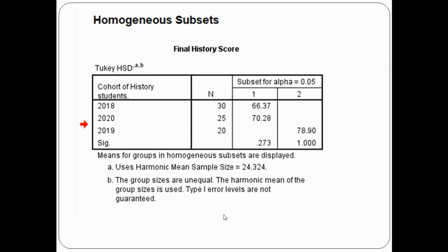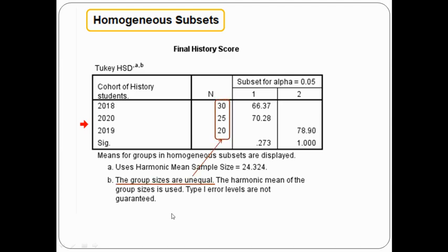Here you can see the homogeneous subset table. What is that? Well, it is quite interesting. As you can see, scientists before us are very smart. Since the sample sizes of the three groups are not equal, SPSS makes some adjustments for the Tukey HSD post hoc test.